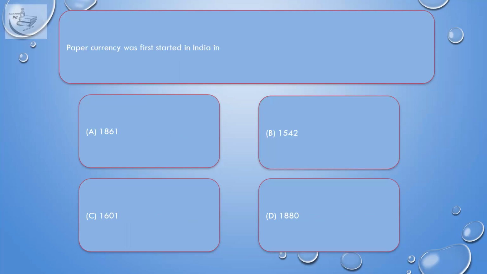Question: Paper currency was first started in India in A. 1861, B. 1542, C. 1601, D. 1880. Correct answer is A. 1861. Question: The Prevention of Money Laundering Act came into force in India during A. 1998, B. 1999, C. 2001, D. 2005.